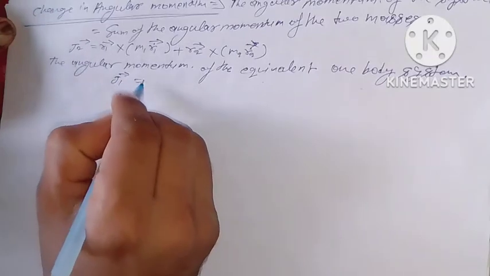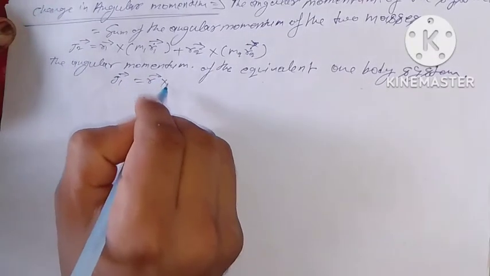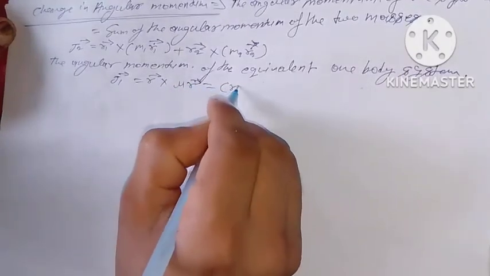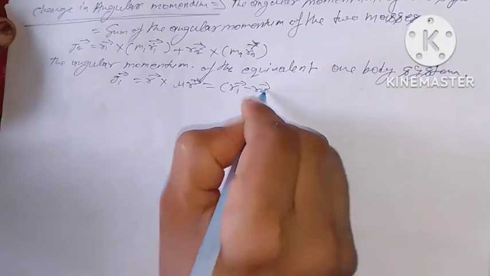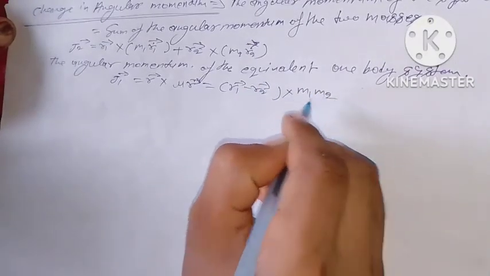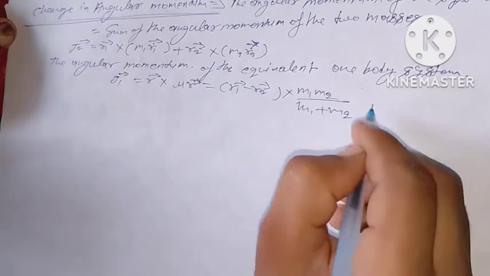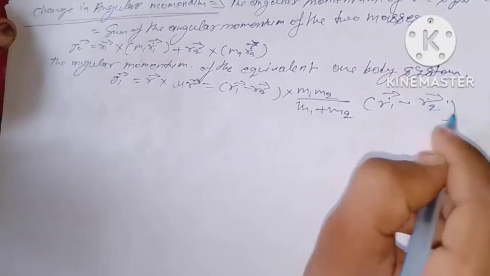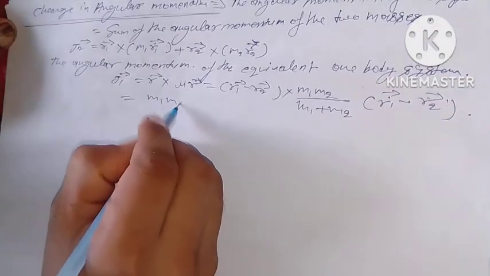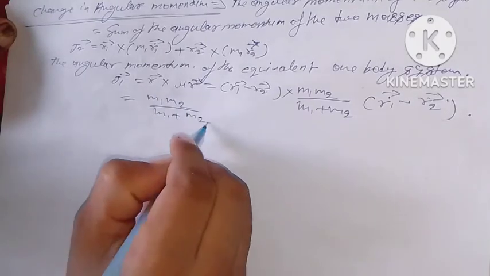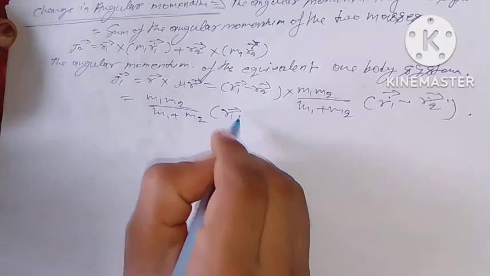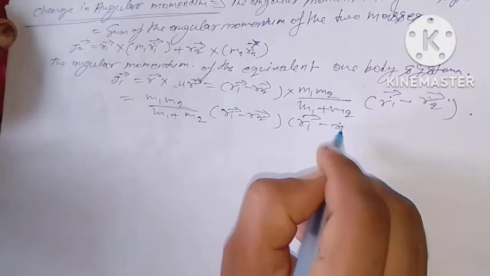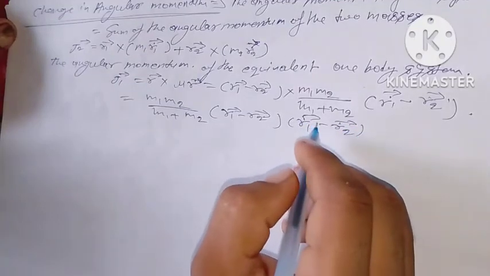J1 vector equals R vector cross mu times derivative of R vector, equal to R1 vector minus R2 vector cross M1 M2 upon M1 plus M2 times derivative of R1 vector minus derivative of R2 vector, equal to M1 M2 upon M1 plus M2 times R1 vector minus R2 vector cross derivative of R1 vector minus derivative of R2 vector.